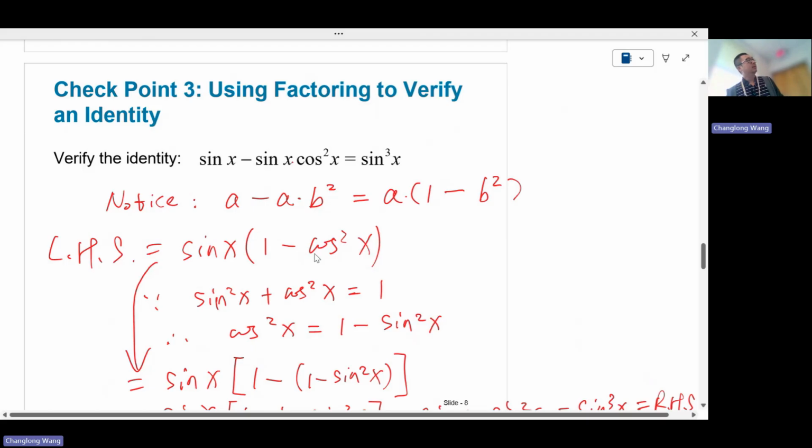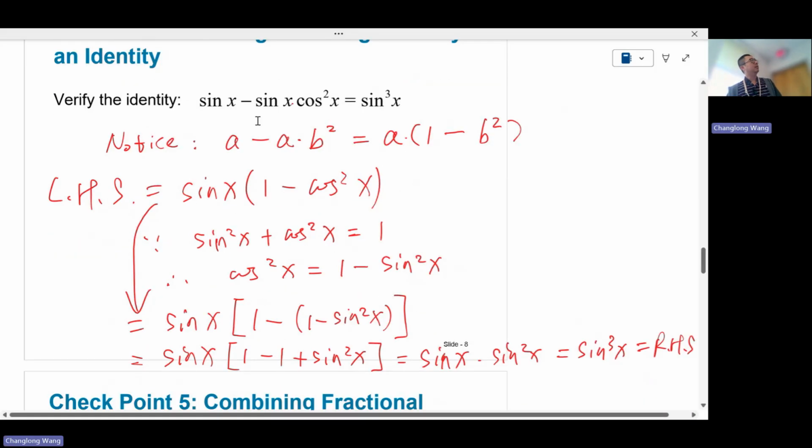But here, we decided to factor out that sine x, right? And we arrived at sine of x factored out, 1 minus cosine square on the left-hand side. But if you've never tried this, you'll see that this identity came out of nowhere, right?